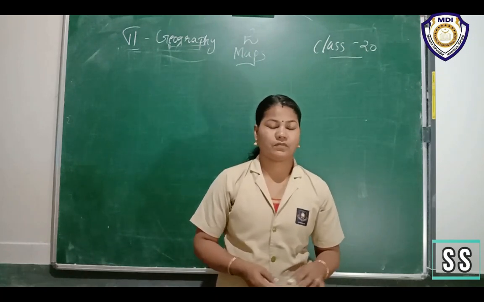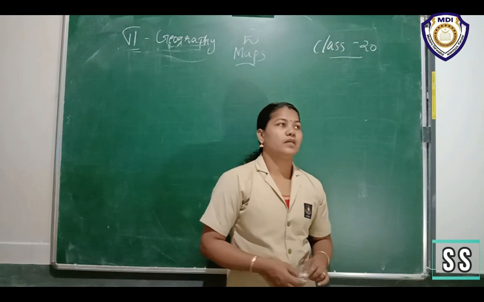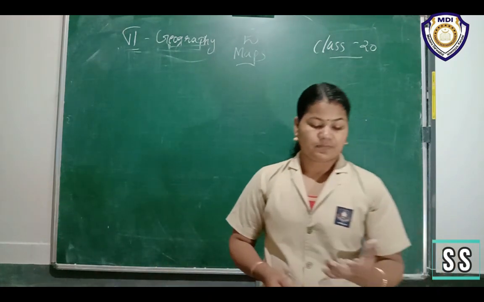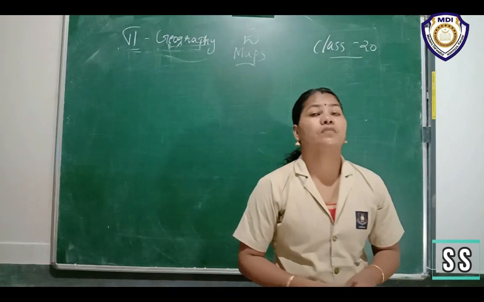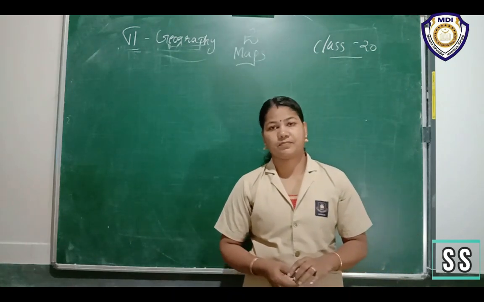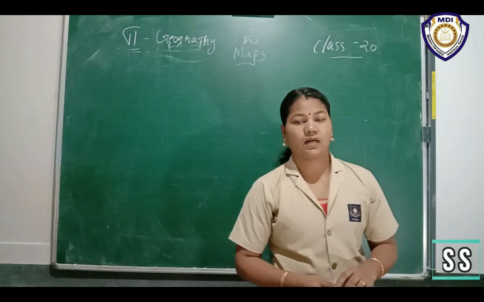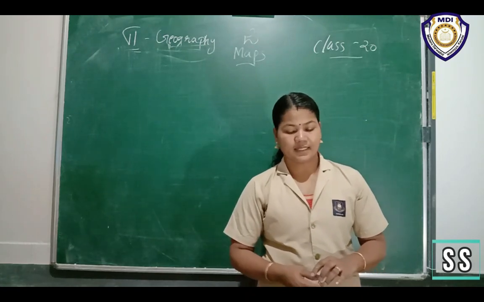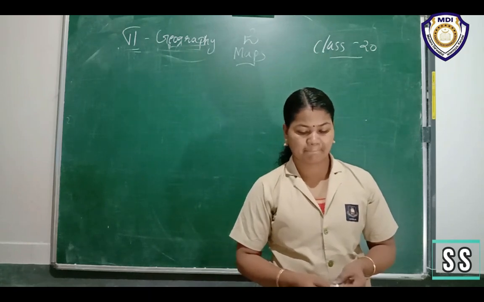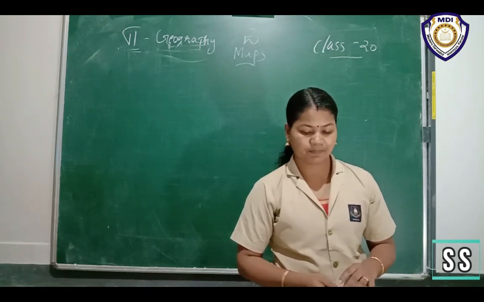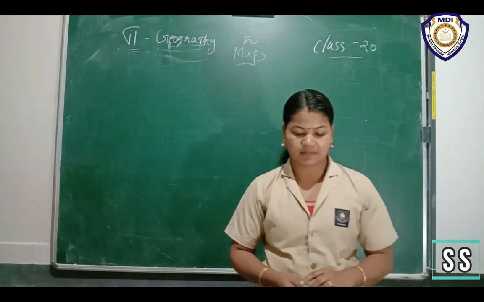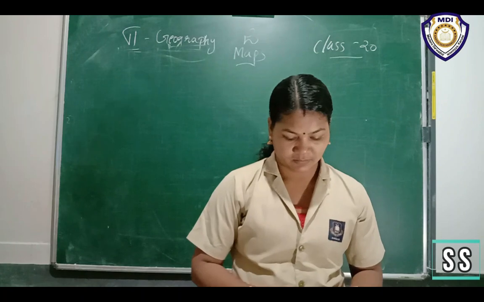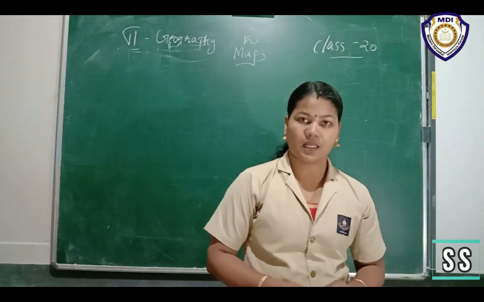Ptolemy. Okay. Then what are the materials used for making a map in ancient times? Clay tablets, then metals, and animal skin.